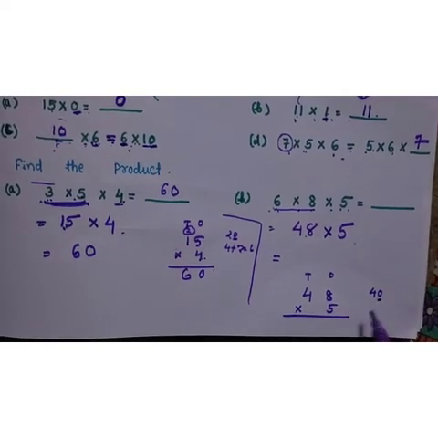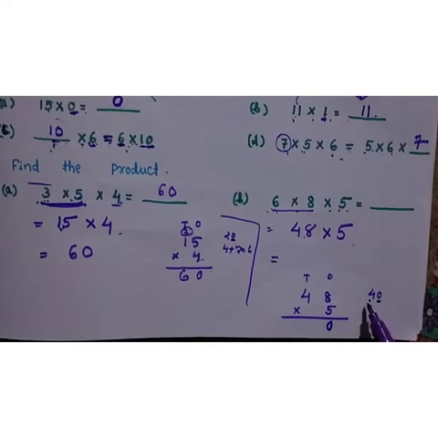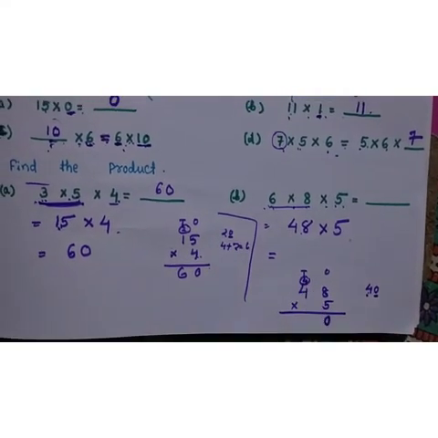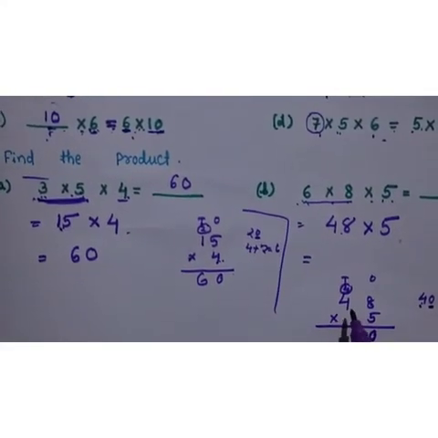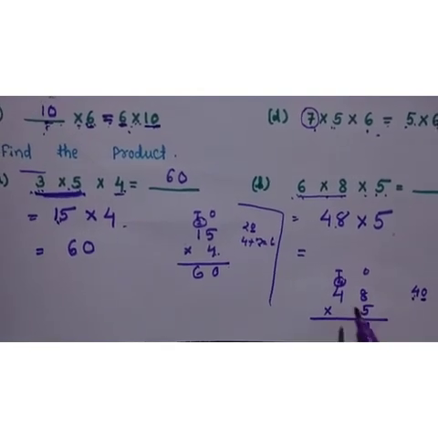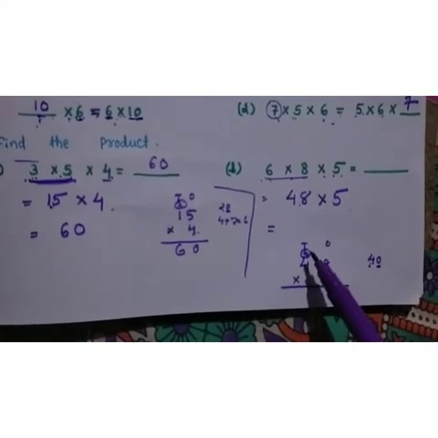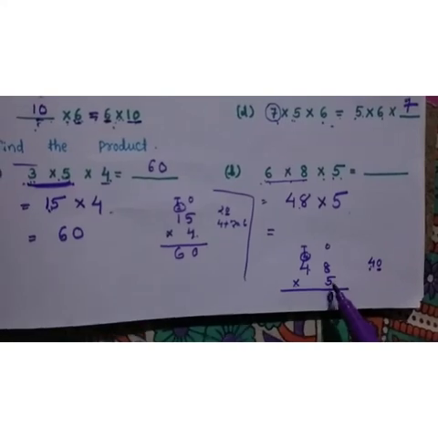That's why we write 0 under the ones column and we take 4 carry to the next column. That means the tens column, right? Now we multiply the tens column. Here we multiply 4 by 5.